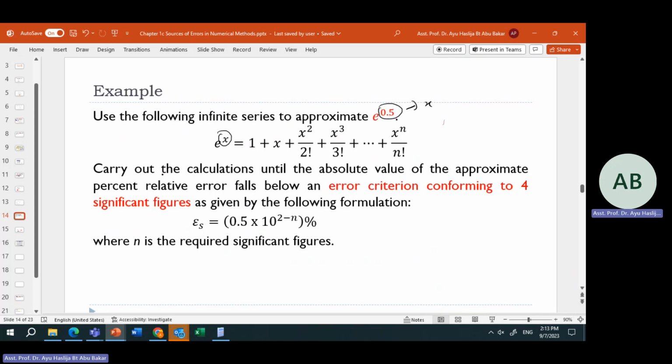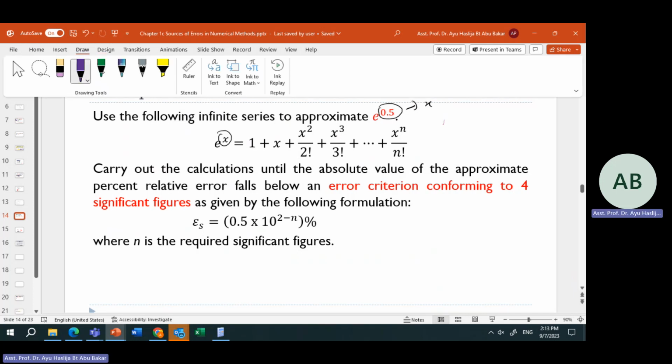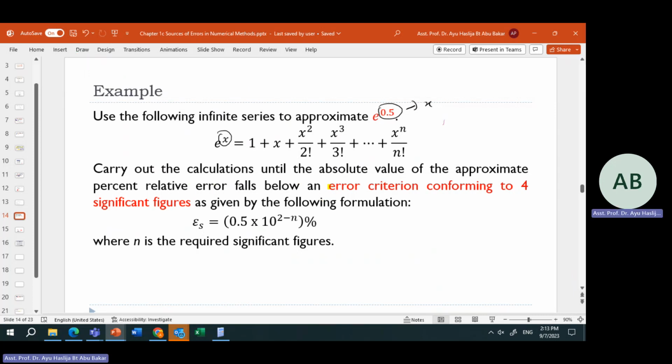It asks you to carry out the calculation until the absolute value of the approximate percent relative error falls below the error criterion, conforming to 4 significant figures.